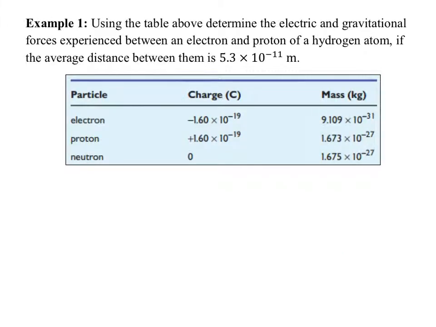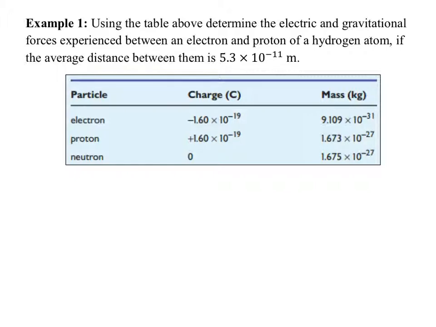Let's take a look at the first example. Using the table above, we want to find both the electric force between particles and the gravitational force between the particles. Those particles being an electron and a proton. They are separated in a hydrogen atom by a distance of 5.3 times 10 to the negative 11.